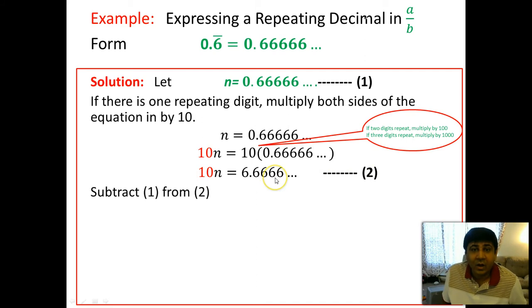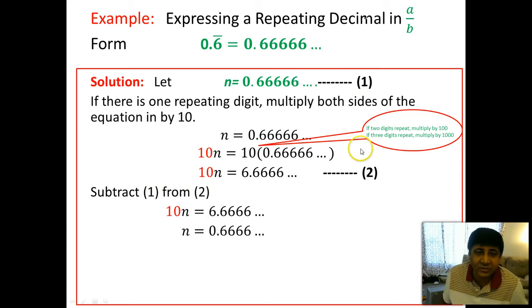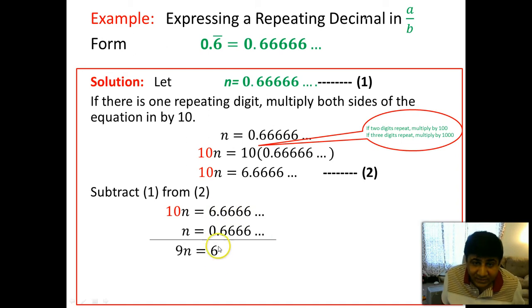Now what you do is you take 1 and 2, and subtract 1 from 2. This is 1, I labeled it here, and this is 2, so subtract them from each other. This is the second, this is the first. If you subtract, you will get 9n on the left hand side. And here 0.666 minus 0.666 is 0, so basically you get 6 there.